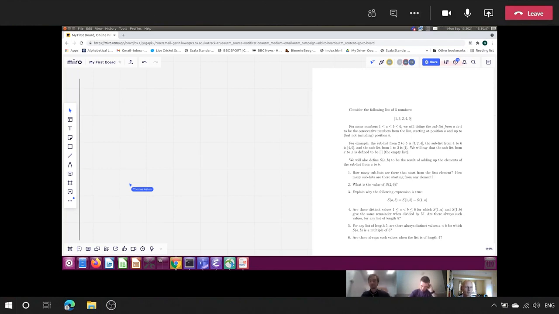Starting from the first element, there would be 5 sublists. Okay, can you just go through what those would be? Sure. The first one is going to be the empty list. Then just the first element itself, then the first 2 elements, the first 3 elements, 1, 3, 2, and finally the first 4 elements, 1, 3, 2, and 4.